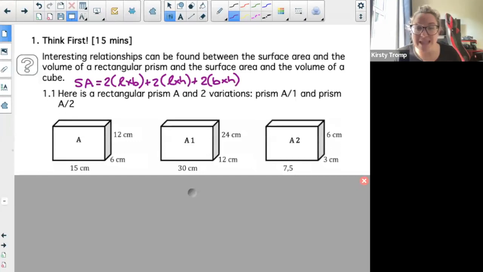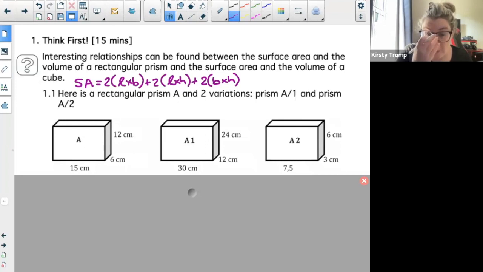So remember when we did these formulas a little while ago, don't stress, because you'll be able to take a picture of this formula. When we did these formulas the other day, we saw that that's how we get the formula for the surface area of a rectangular prism.